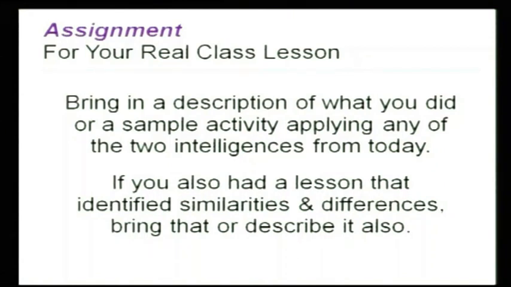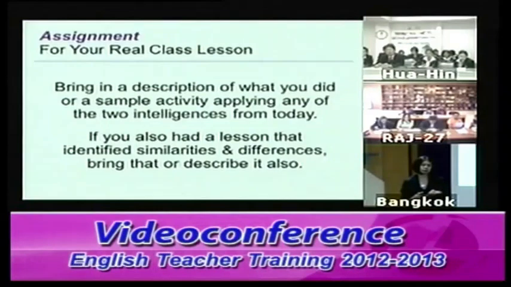For our next session, I would like each site to share a description or even a sample lesson that you can show in the visualizer, that applies either of the 2 intelligences, or maybe both, and incorporates maybe some other ones that Dr. Marty discussed with you. So it's either a description or the sample activity. If you also included a lesson with similarities and differences, that would be great as well.